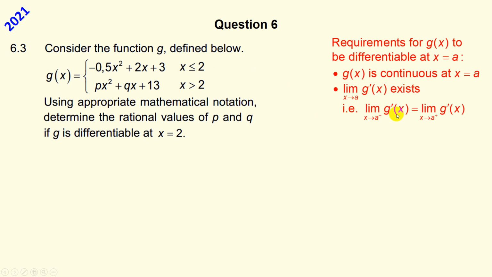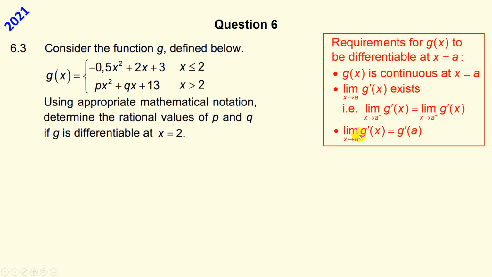Secondly, the limit of g prime of x exists, because we're talking about differentiability. That means the left limit of the derivative must equal the right limit of the derivative. And finally, the limit of the derivative must equal the derivative itself. So we're going to work with the limits. We're going to find left limit of this one and left limit of this one and put them equal to one another for one equation.